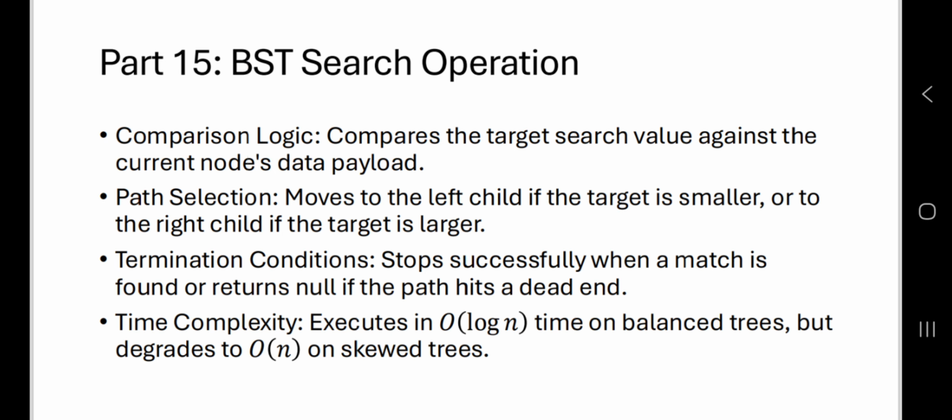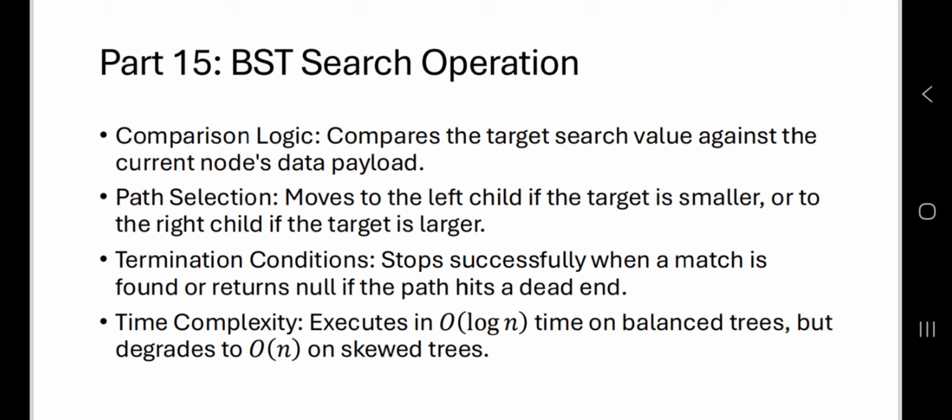BST search operation. How do searches actually work in a BST? We use comparison logic, comparing the target search value against the current node's data payload. For path selection, we move to the left child if the target is smaller, or to the right child if the target is larger.